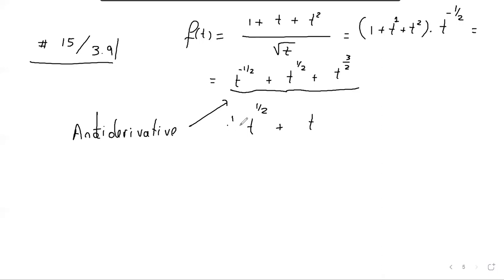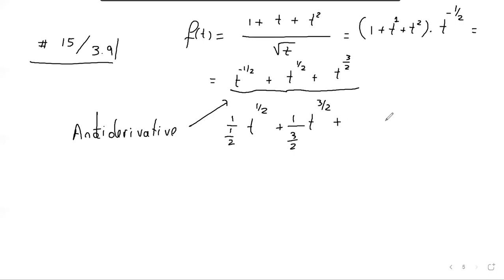I have 1 over 1/2. If you're careful here, that really boils down to being 2. The next thing will be t to the 1/2 plus 1, it's going to be 3/2, and I'm going to say here 1 over 3/2. By the way, let me write that with a fraction here, nicely: 1 over 1/2, 1 over 3/2.